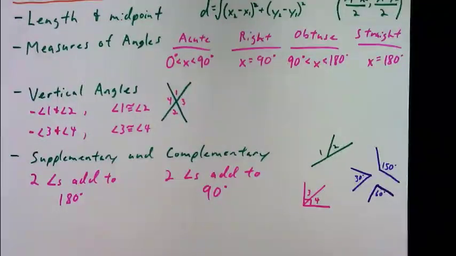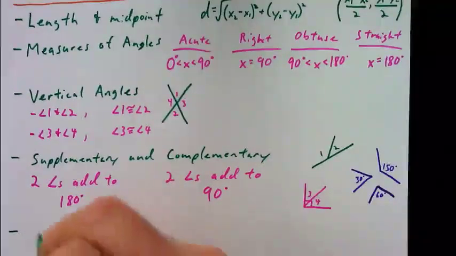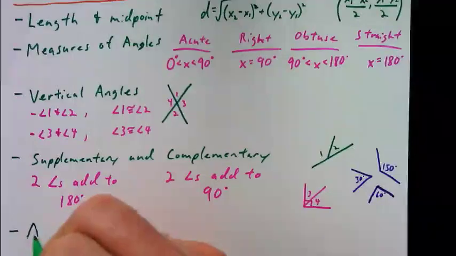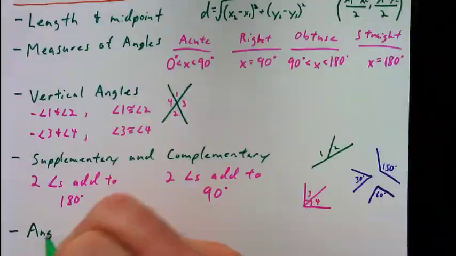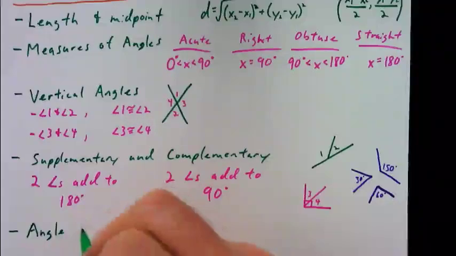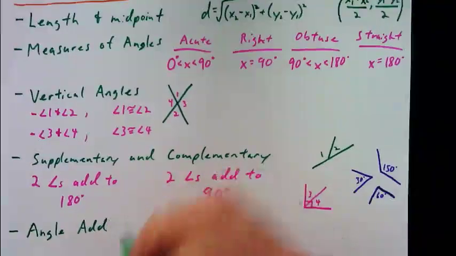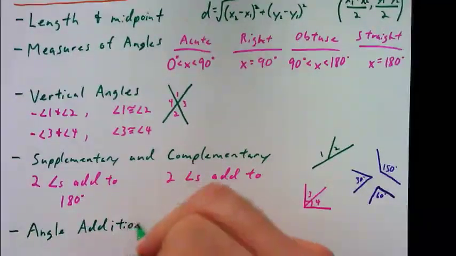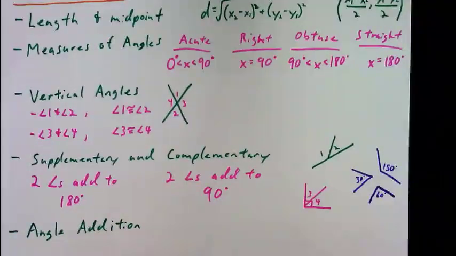Now, going along this same idea of supplementary and complementary, we also have angle addition. So we can have angles that add up to other things. Now, angle addition is specific to adjacent angles, angles that are next to each other.